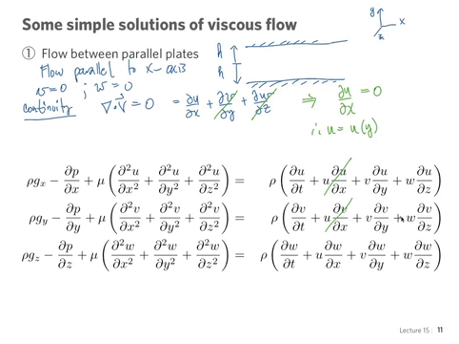So everything that has v is also 0. W is 0. All of this is 0 because w is 0. All of this is 0 because v is 0. And again, u is only a function of y, so this guy is 0, this guy is 0. It's steady, so this is 0, this is 0.